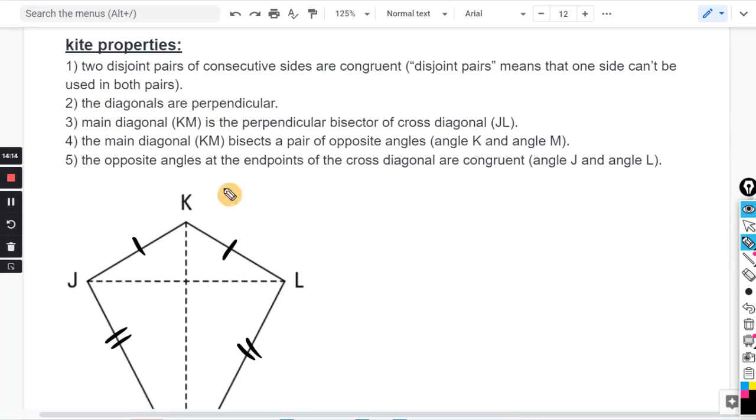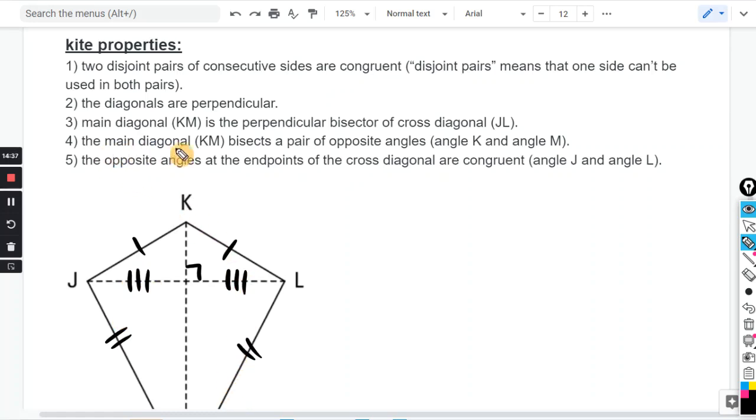The diagonals are perpendicular. We did say that. The main diagonal is the perpendicular bisector of the cross diagonal. Okay, so this diagonal right here actually bisects this diagonal. So this right here is congruent to that right there.